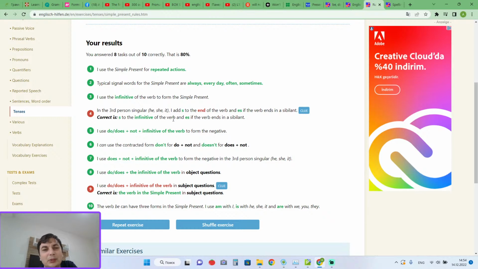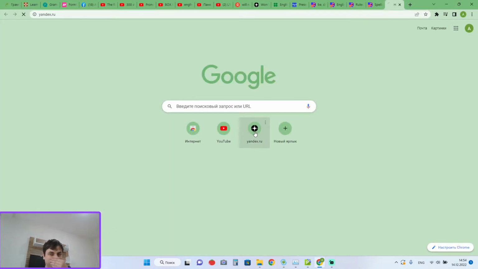To the end of the verb, I mean. End of the verb, yes. And what about here? Correct. The verb is simple present in subject question. Subject questions. What is? Let's try to find out.